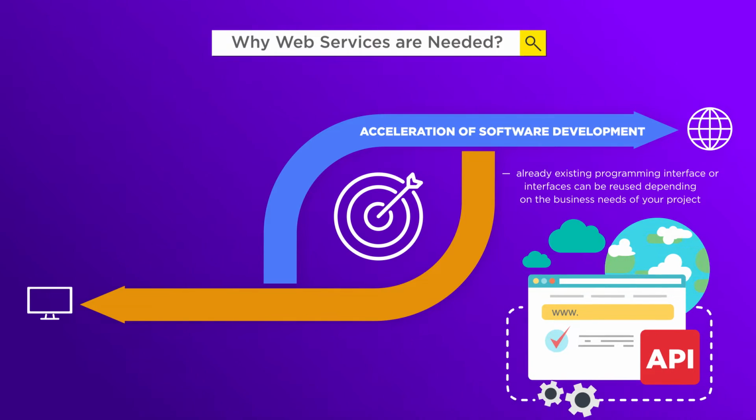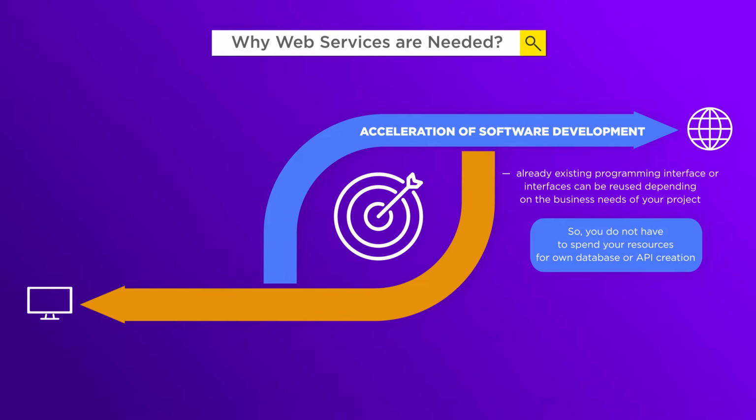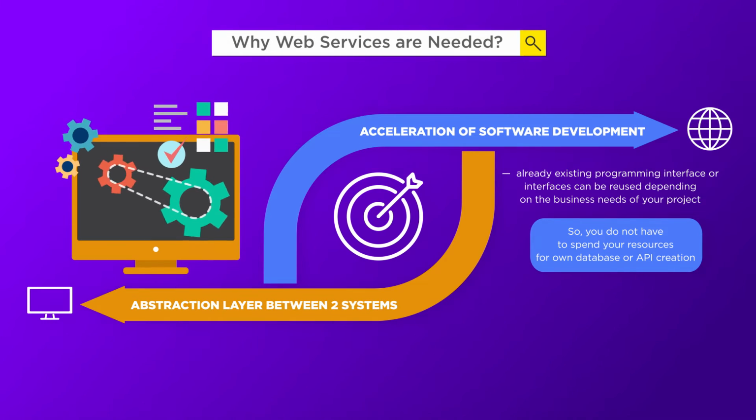So, your website will look like a presentation of information provided by several different APIs collected in one specific place. The major benefit will be that you don't have to spend additional time for your own database or API creation in this case. Second, API is used as an abstraction layer between two systems.